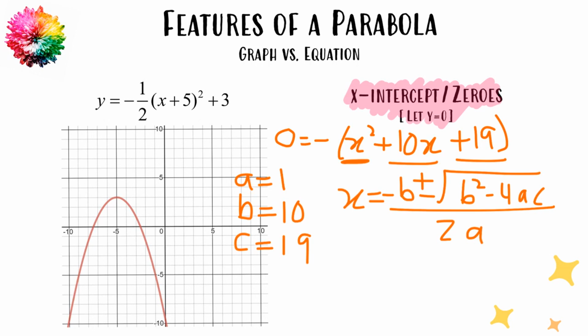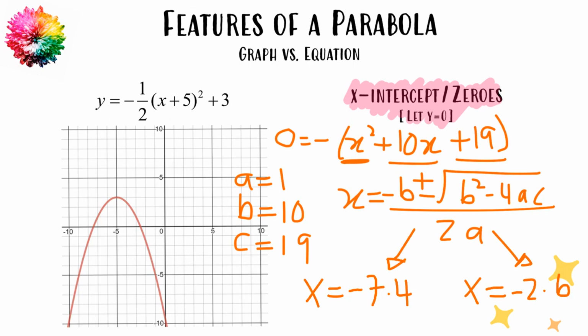And I'm going to cheat a little bit and skip steps. It is advised that you don't do this, but when you go through the whole procedure, put in the numbers and solve, you're going to get that x is equal to negative 7.4 and x is equal to negative 2.6.